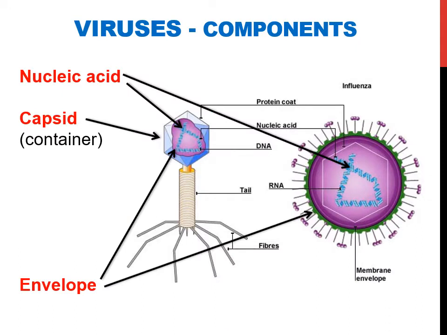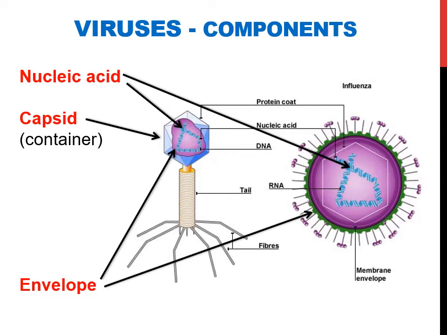Okay, so here's the components of a virus, right? So it'll have a very basic strand of RNA or DNA that'll have a capsule or a capsid surrounding it.